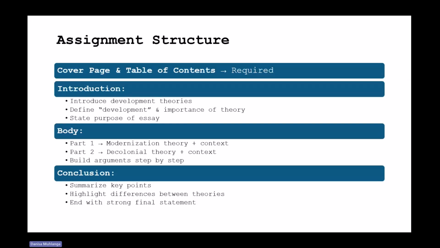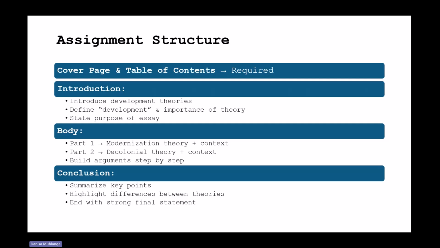So whatever you conclude on should be based on your arguments, based on your body. No new information in the conclusion. So you need to just repeat the core differences between the two theories.